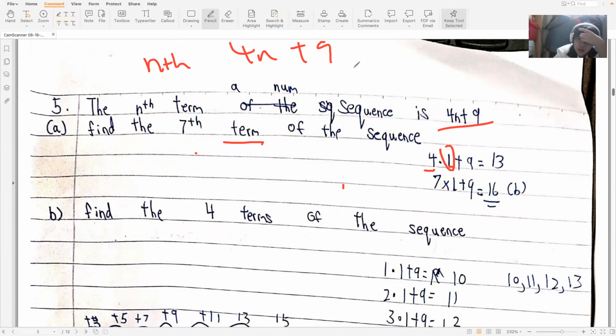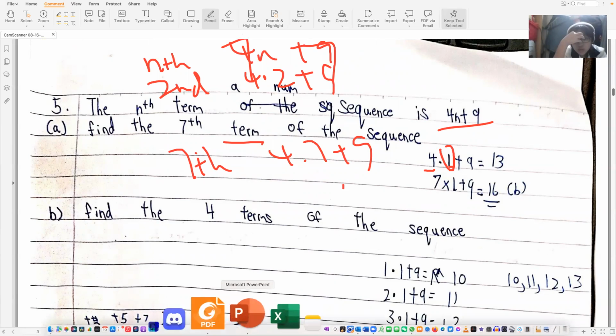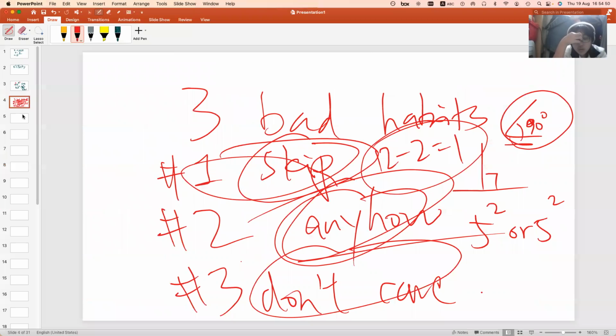Second term is 4 times 2 plus 9, right? So seventh term is 4 times 7 plus 9. What are you talking about? You go and change people's 4 to 7. Or why not you go and change the 9? Very simple question. You go and complicate stuff.